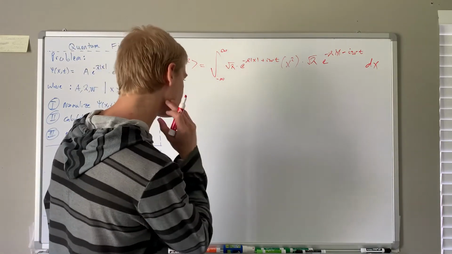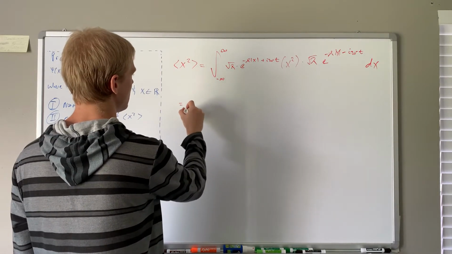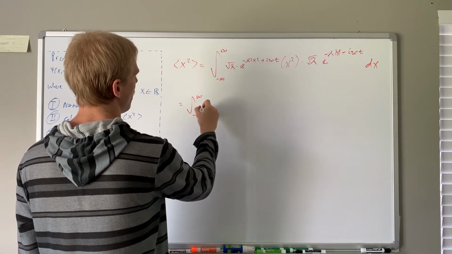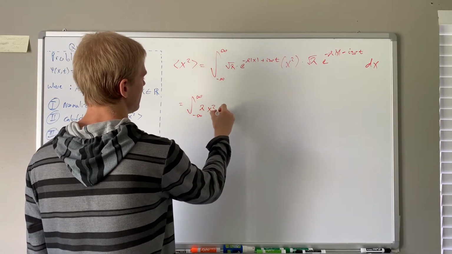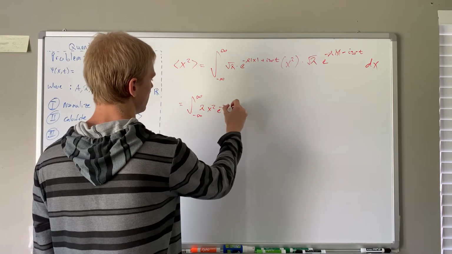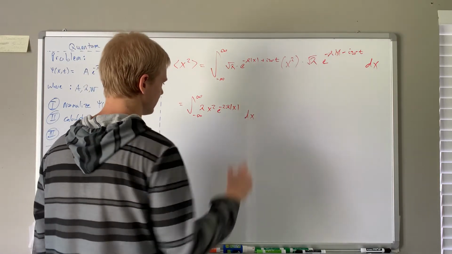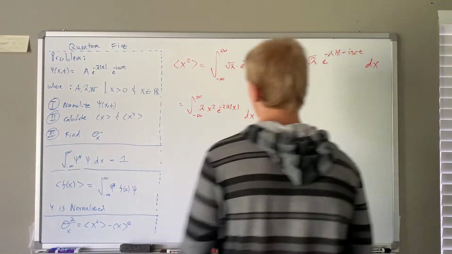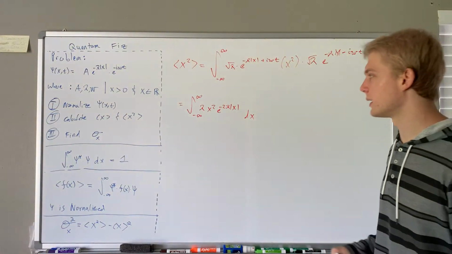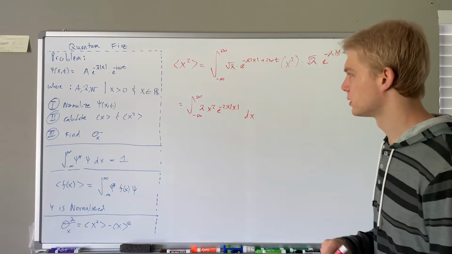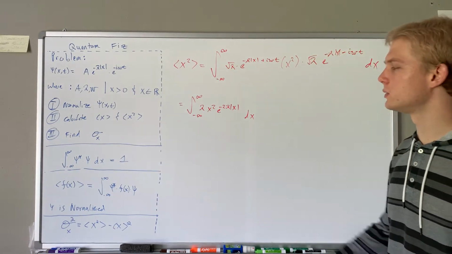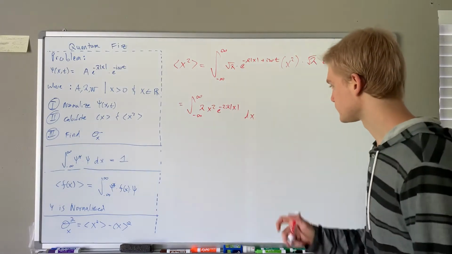So in this case, you get the integral from negative infinity to infinity of lambda x squared e to the negative 2 lambda absolute value of x dx. Okay, so we can do the same argument as when we normalized it. It's an even function and its bounds are symmetric, so we can multiply the whole thing by 2 and change the bounds to 0 to infinity.